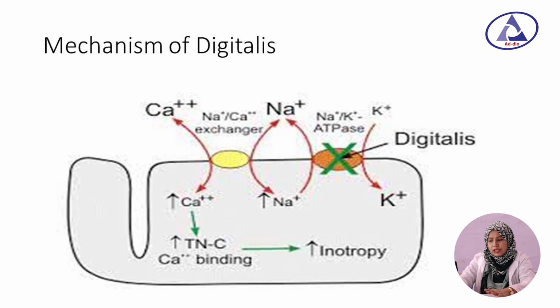So calcium increases, and also the sarcoplasmic reticulum produces excess calcium. As a result, there is increased calcium ion in the cell, and we know that calcium causes force of contraction; calcium causes actin myosin coupling and any type of contraction of the cell.